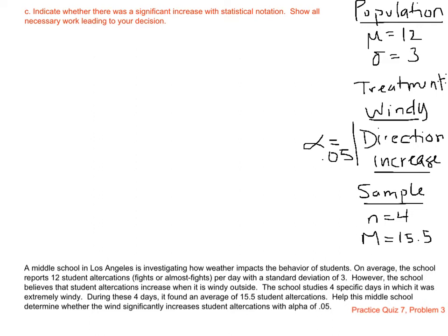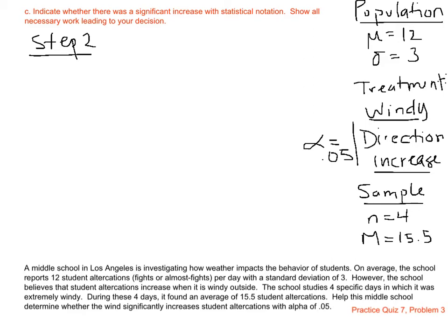So really what I'm going to do is go from step 2, then to 3, and then finally 4. Step 2 requires that I come up with my critical region, and that's what I'm going to do.